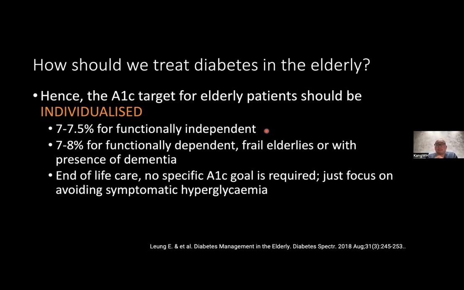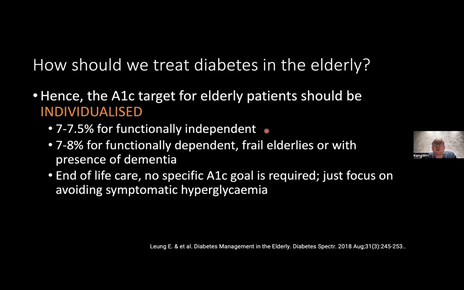But if the patient is really, really very elderly, and he's not doing well, so you are primarily aiming for end-of-life care, at this juncture, there is no specific A1C goal. As long as the patient is comfortable, there are no symptomatic hypoglycemias or hyperglycemias, that's good.